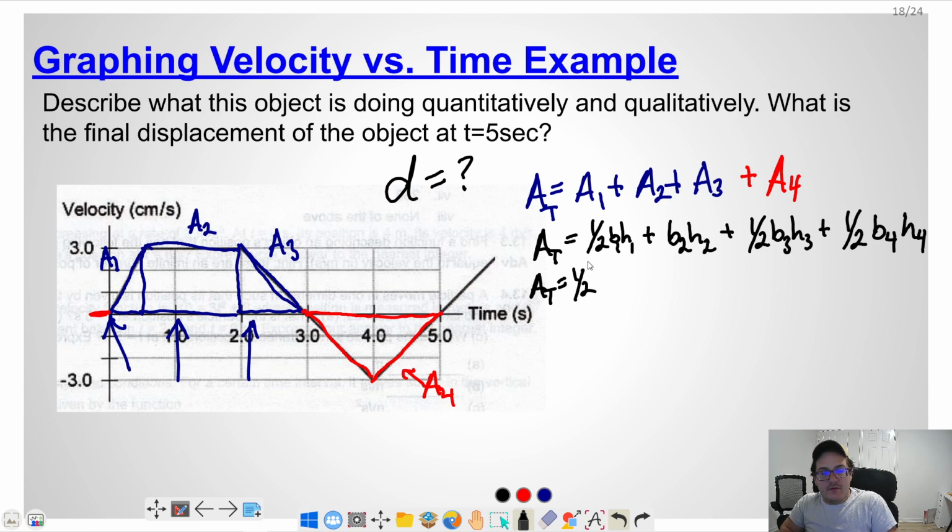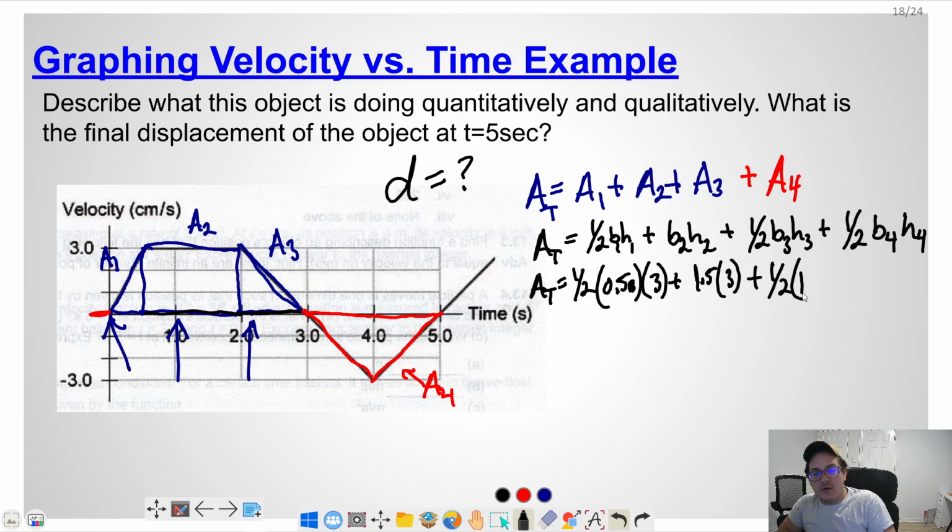We got 1/2. Base 1 is, that should be 0.5 seconds, times height, which is 3. For the sake of space, I'm not going to put the units in there. Okay. Plus base times height. This is 1.5 times 3. Plus 1/2 base 3 is going to be 2 to 3.